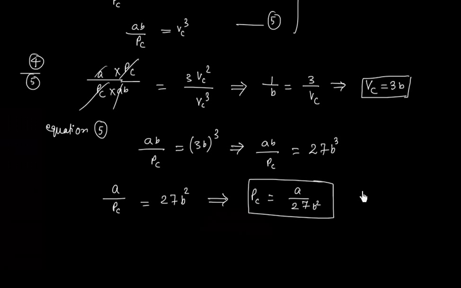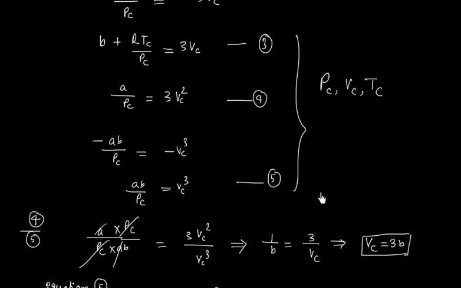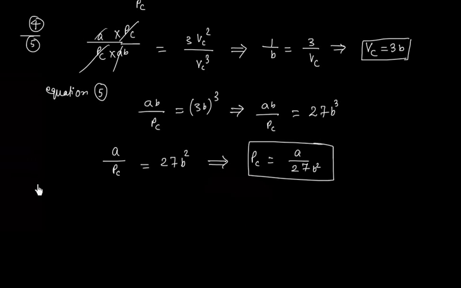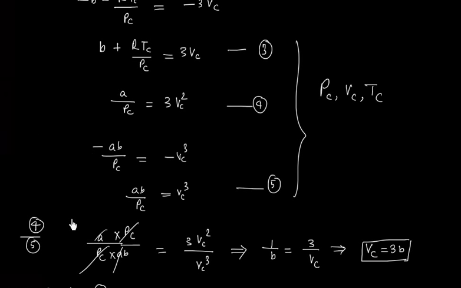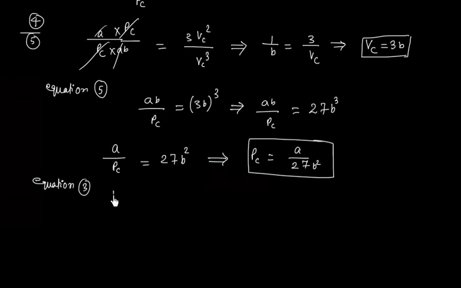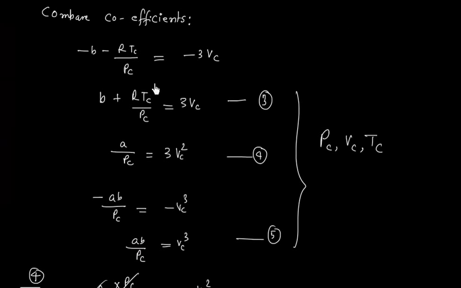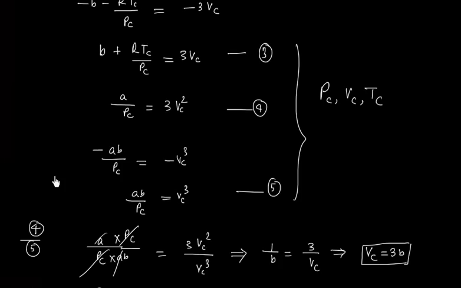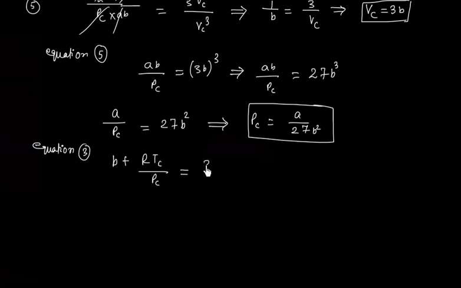Similarly, we can calculate Tc. So let us use equation 3. So equation 3 is B plus RTc by Pc and this is equals to 3Vc. So we will have B plus RTc, we have to calculate Tc.